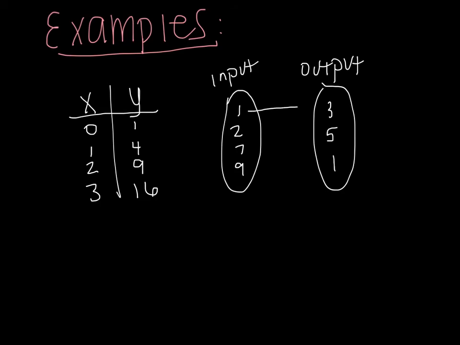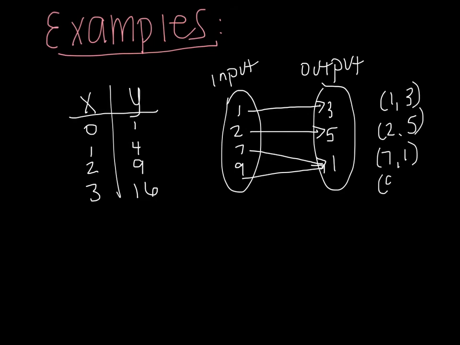And let's say 1 maps to 3, 2 maps to 5, 7 maps to 1, and 9 maps to 1. This is a function. Our x's don't repeat, and we can be sure of this by writing these as ordered pairs. Okay, if we were to plot them, it would again pass the vertical line test. So these are examples of functions in addition to the graphs that we just went over.